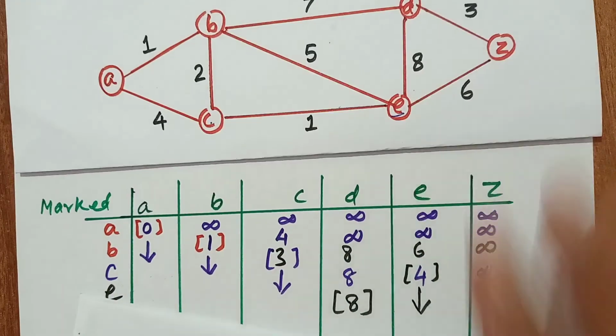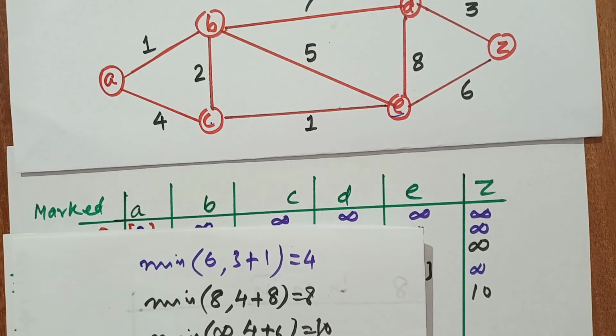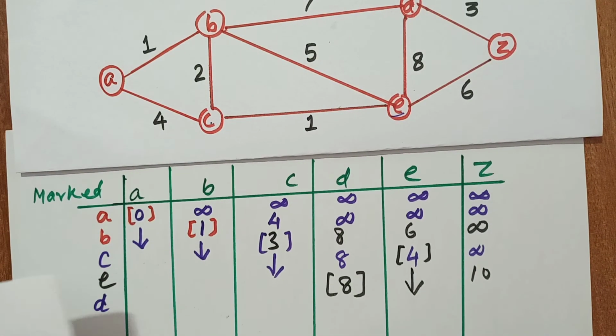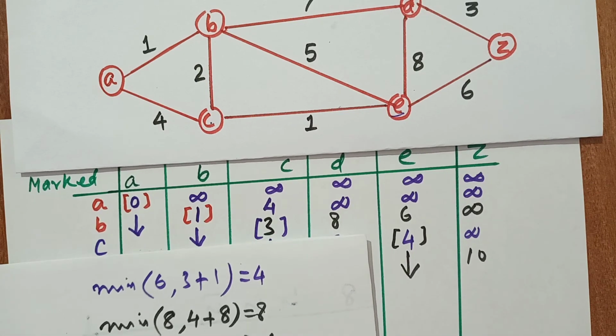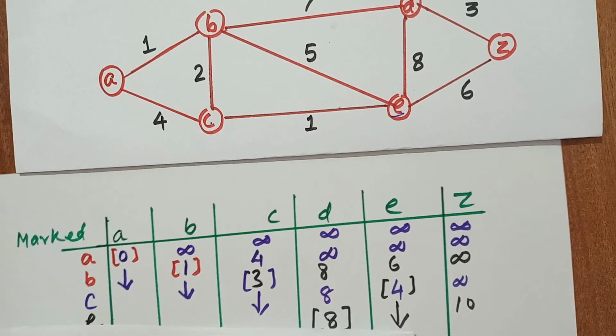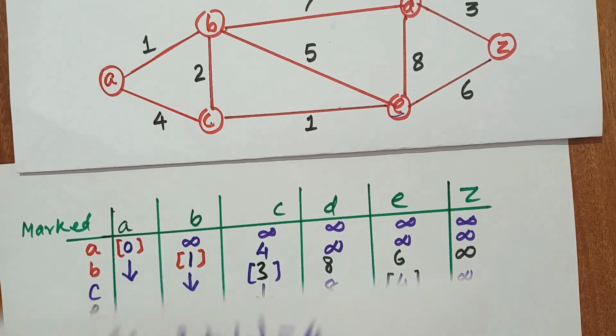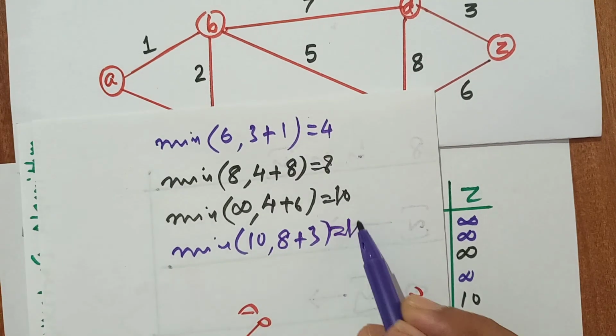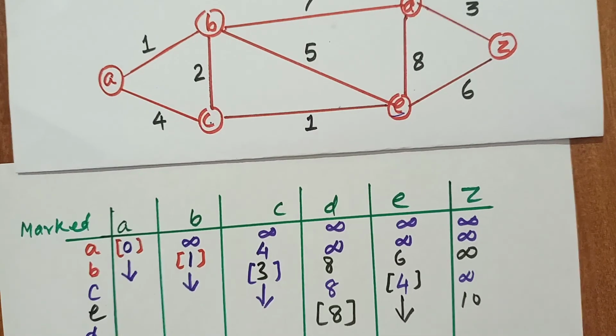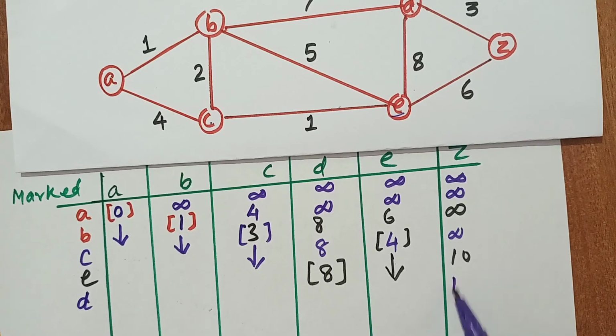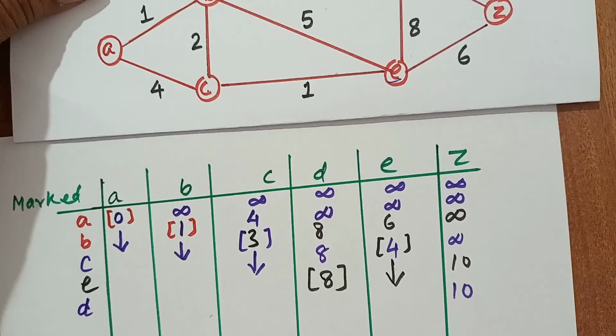The old value of Z is 10. So 10. The marked value is 8. So 8 plus weight is 3. So 8 plus 3. So this is 11. Okay. So here we will write 10. Okay. So D to Z.